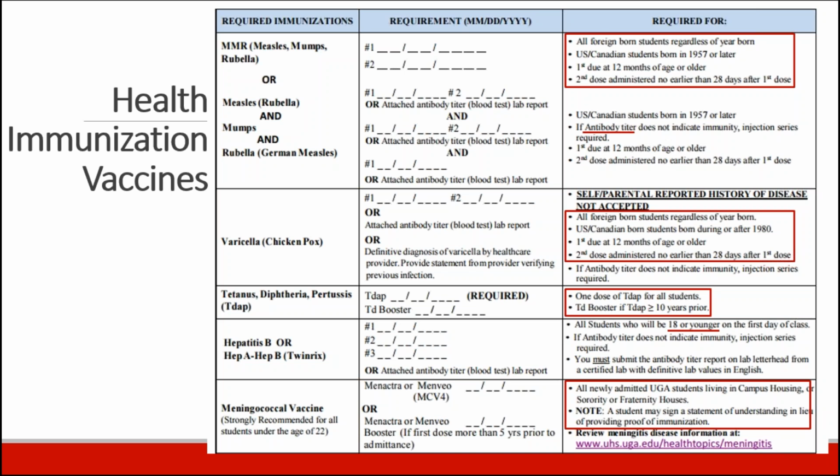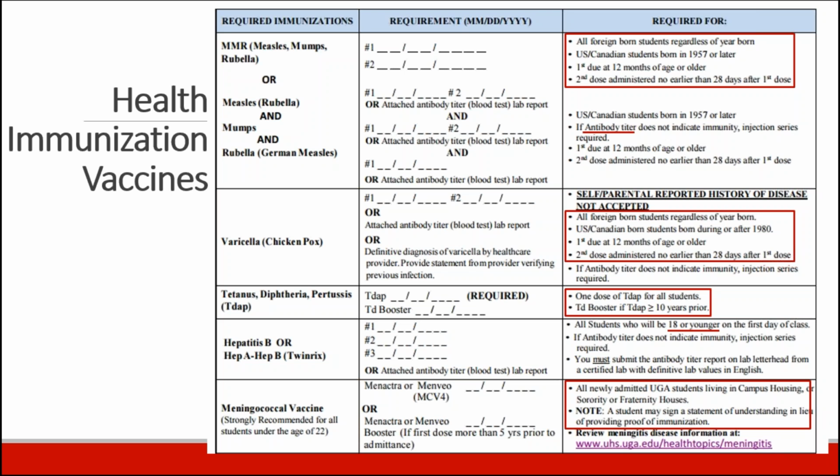In order for you to register for classes, you must have this form complete and submitted to the health center, which Lucas and I will do on your behalf, and they must be approved. So it's very important for you to start your health immunization forms now. Make sure to make an appointment with your doctor as soon as possible so that you can have this form completed by your doctor, and if needed, you can get any doses of immunizations now.